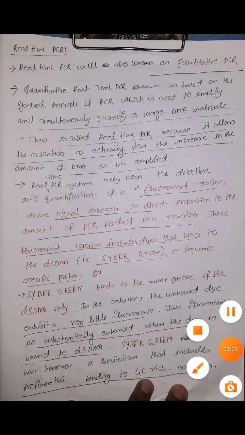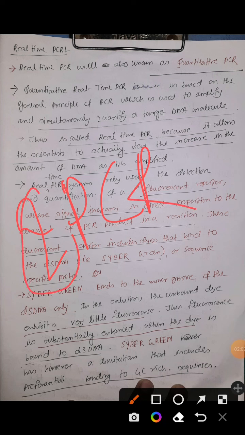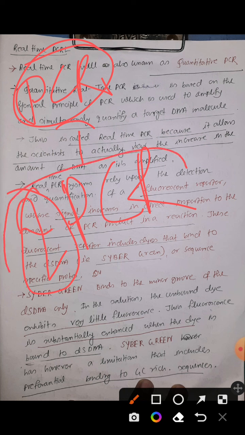Real-time PCR is also known as qPCR, where the Q stands for quantitative PCR. It is actually based on the general PCR technique. With the help of the qPCR technique we are simply amplifying our target DNA molecule, or more specifically, the gene or the DNA sample containing the target DNA molecule.